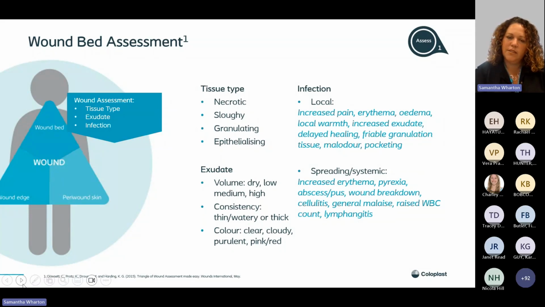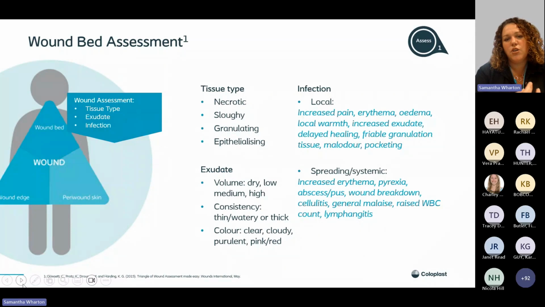Hopefully you're all aware of these terminologies, but I'll just give you a quick overview. So necrotic, that's that sort of black, dark, hard, dead tissue. It can be hard, it can be soft. Sloughy, that previous picture was a great example of that sloughy tissue. So it's fibrin, dead cells, and again, it needs to be removed.